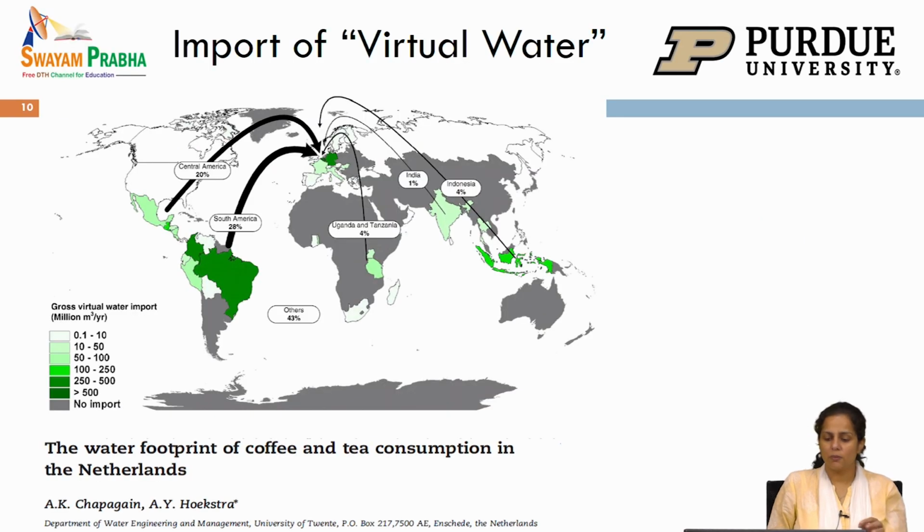Okay. So, let us go back to the concept of virtual water. What this picture is showing is how the water is being imported across the world, and you can see that South America and Central America are sending a lot of virtual water to Europe, and what it means is that they are not really exporting a lot of water.